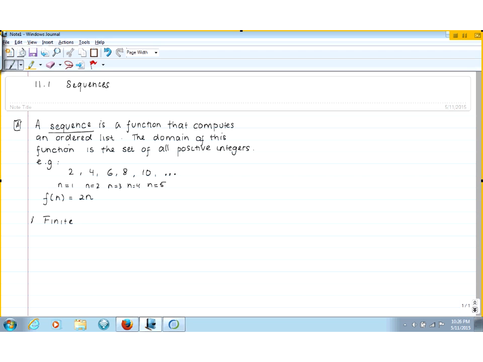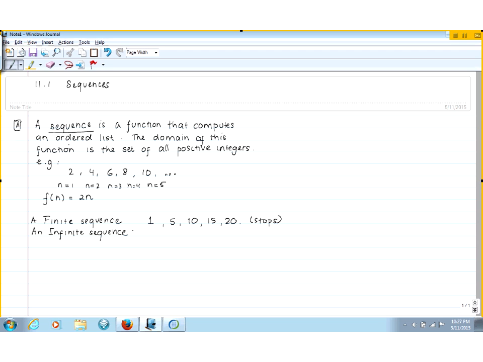Okay. So we have what is called a finite sequence. So a finite sequence is a sequence that stops. So for example, 1, 5, 10, 15, 20, and it stops here. So it is called a finite sequence. And you also have an infinite sequence. This is the sequence which goes on forever.